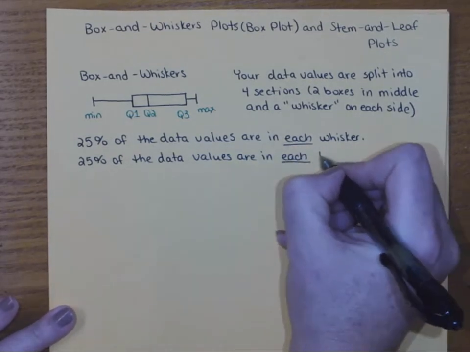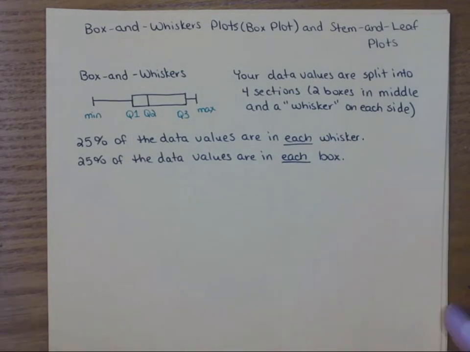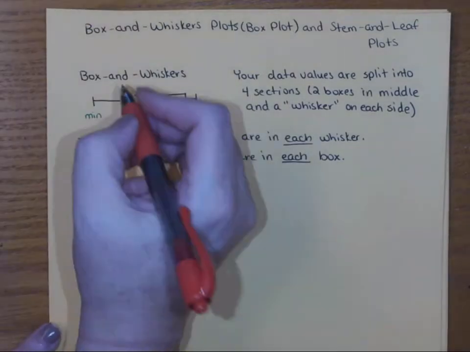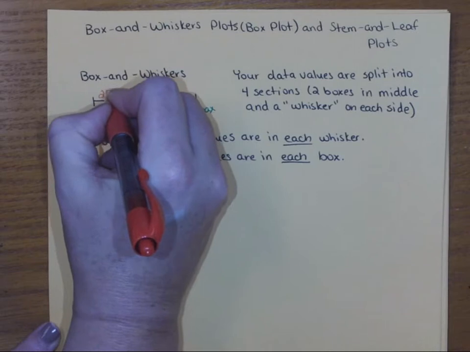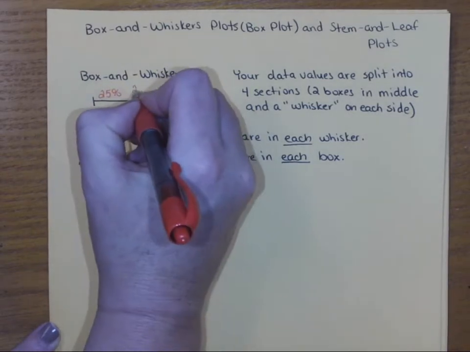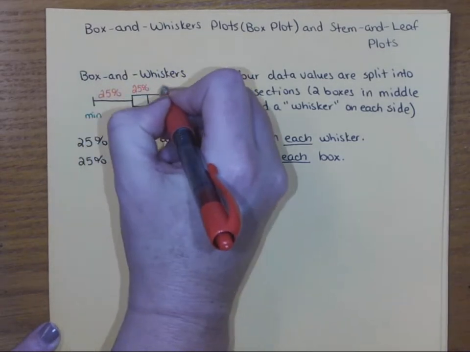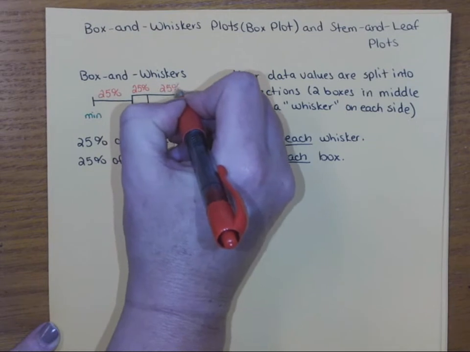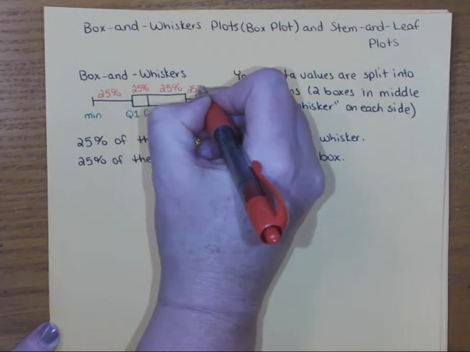Length doesn't have anything to do with the number of data values in each section. There's always just 25% in each. So if we came back up here, there is 25% of data in this left whisker, 25% in this box, 25% in this box, and finally 25% in that box.